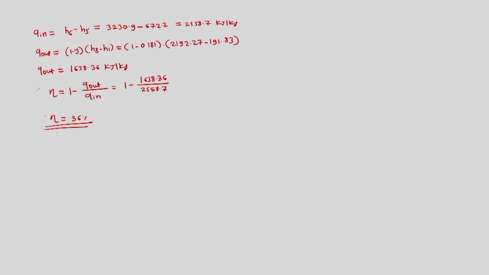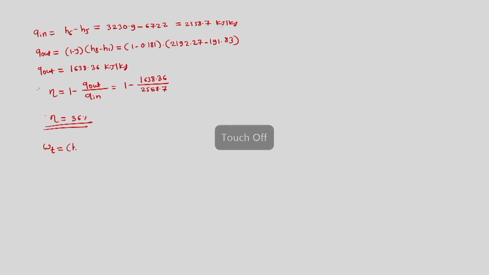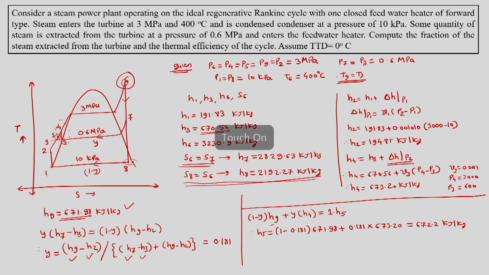We could as well have found out efficiency another way. For that we would need to find out turbine work. Turbine work we could have found out by saying that 1 kg of mass gets expanded from H6 to H7, so it is H6 minus H7 plus 1 minus Y into H7 minus H8. So this is turbine work. We would have found pump work. Total pump work is here plus here.